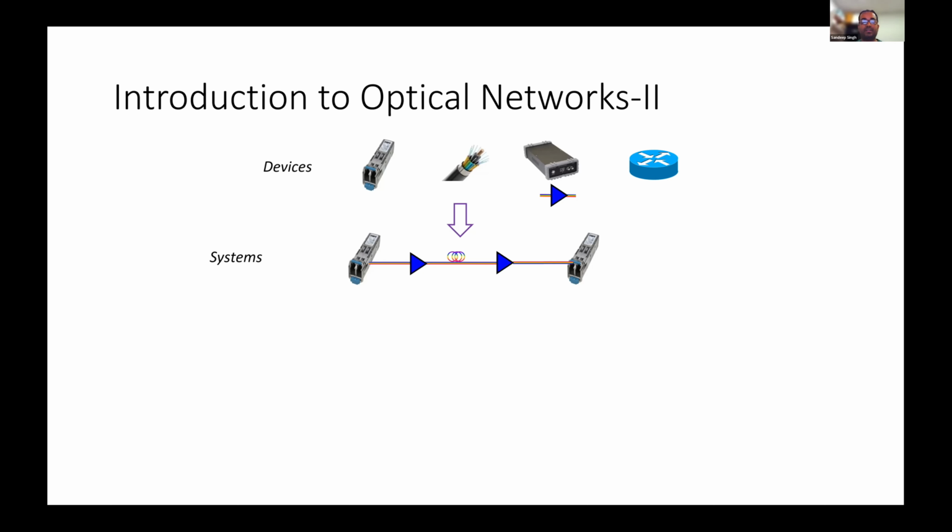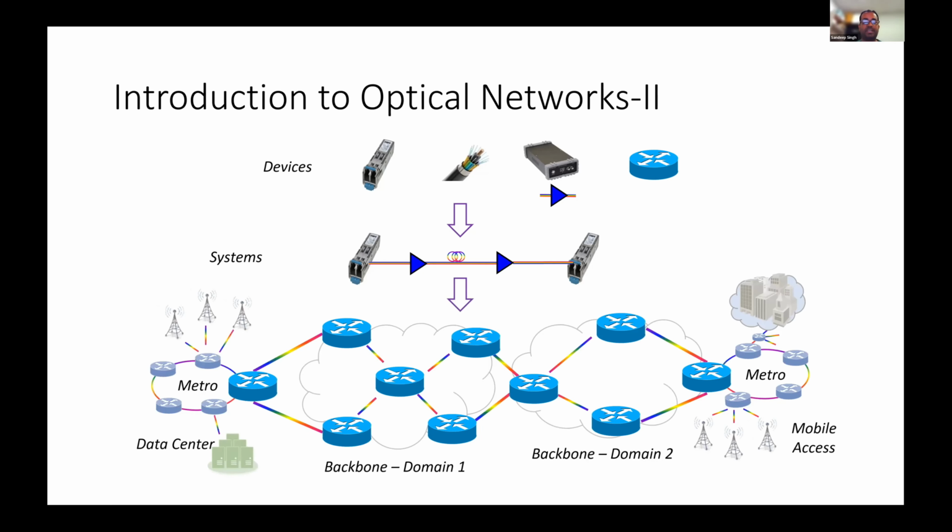And within a metro city, we can interconnect different optical switches and different end nodes. For example, mobile and access points can be interconnected with an optical switch, and a data center can be interconnected to an optical switch. And different metro sites can be interconnected with multiple optical backbone networks.